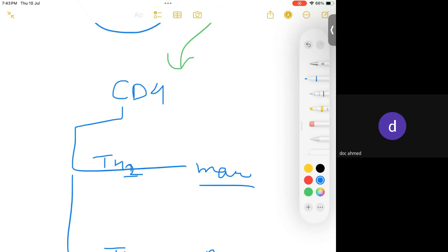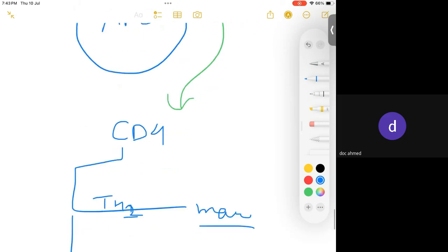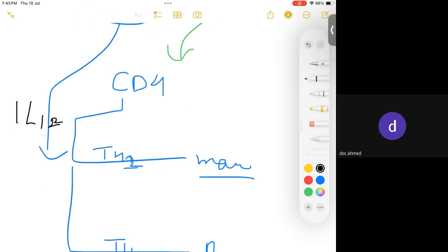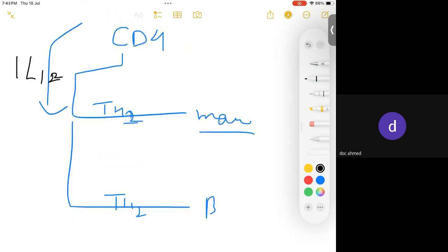We know that interleukins and cytokines are your messengers, right? So if I want to activate my TH1, the macrophages are going to dump something called interleukin 12. If I want to activate TH2, the macrophages are going to dump interleukin 4.